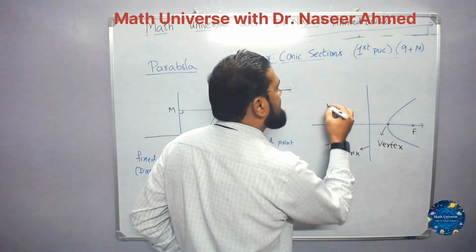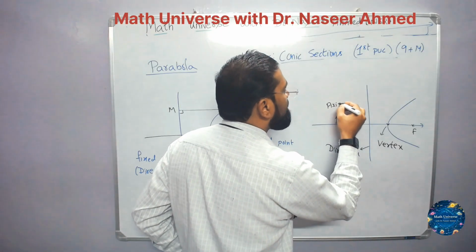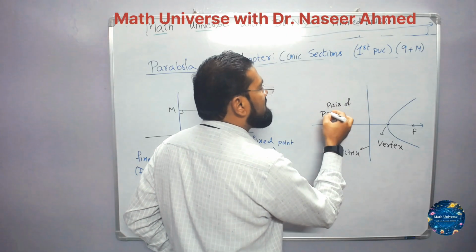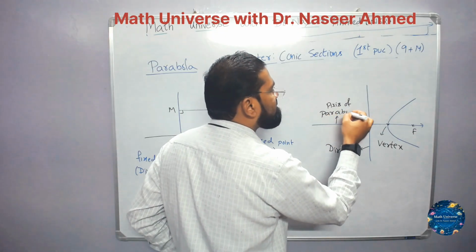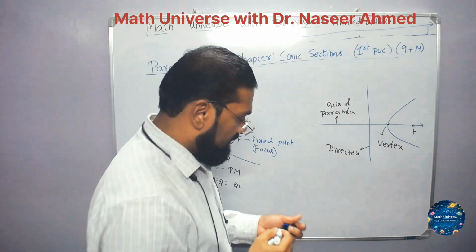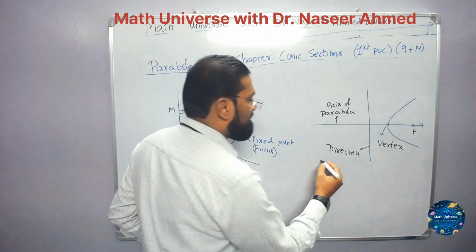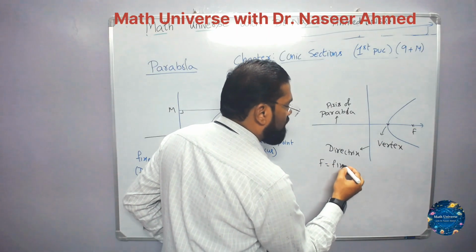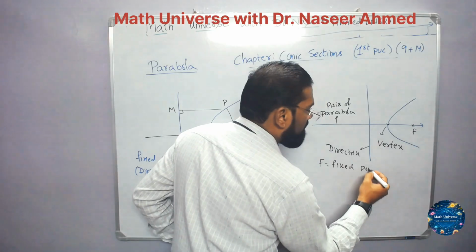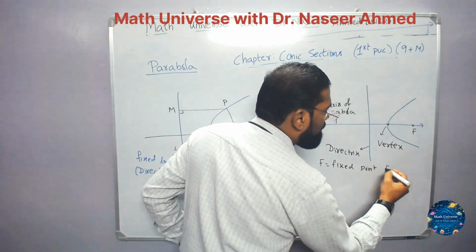This we call the axis of the parabola. This terminology we should understand first. Let's go again. What is F? A fixed point that we call the focus.